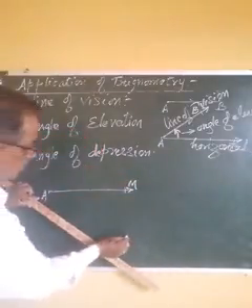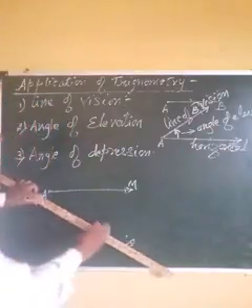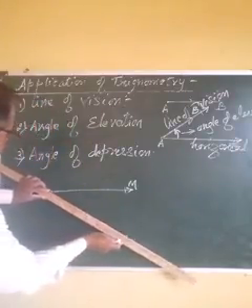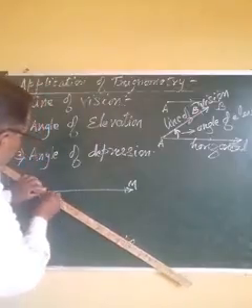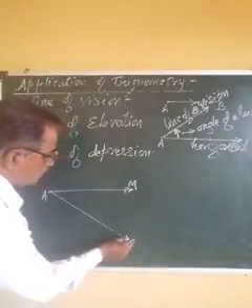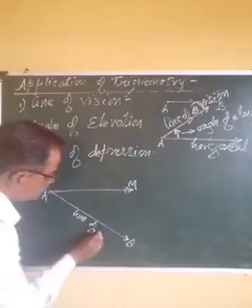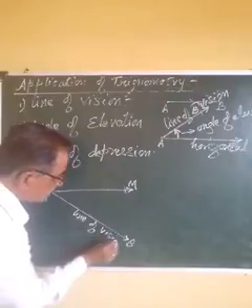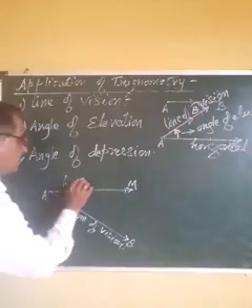Consider B is another person standing below the building, and observer A is observing B from the top of the building. So line AB is called the line of vision. AM is your horizontal line.